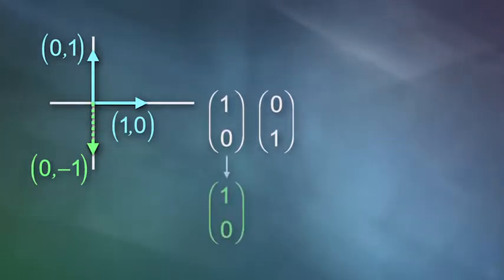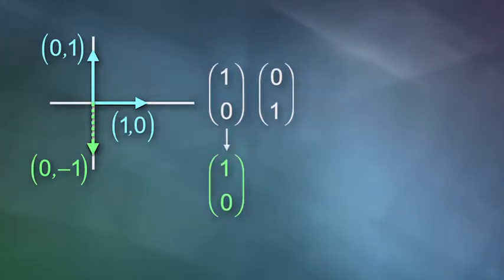Now, if I want to represent this reflection by matrix multiplication, I just need to figure out where the standard basis vectors (1, 0) and (0, 1) go. You can see that (1, 0) is not changed by this reflection because it's pointing along the x-axis, and so reflecting about the x-axis doesn't change it. So it just goes to (1, 0).